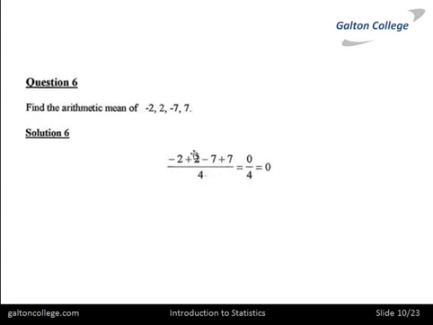The top, the numerator as we call it in fractions, is equal to 0. Well, 0 divided by 4, a quarter of nothing is still nothing. So a quarter of 0 is 0. If you don't have anything and you get a quarter of it, you still have nothing.